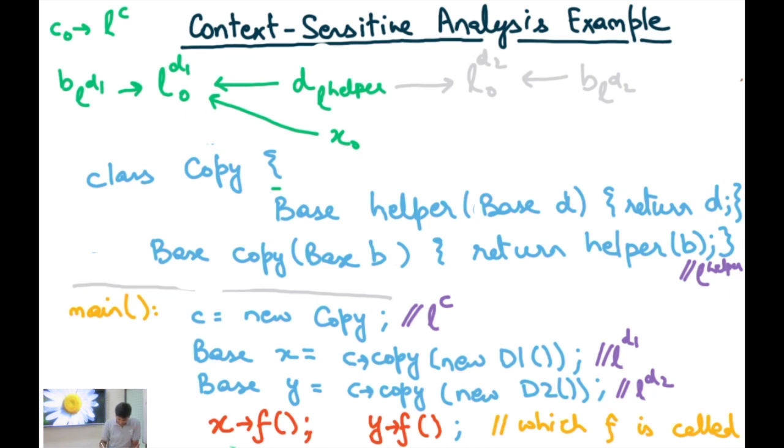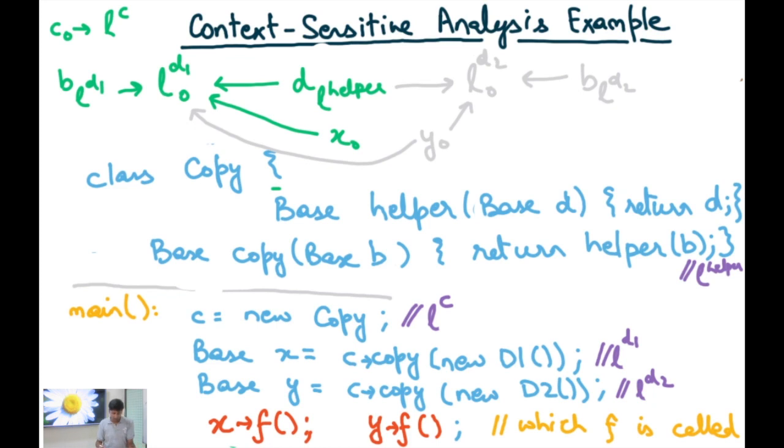Okay, let's continue. Similarly, helper is going to return D all the way to Y, and just like we did with X, whatever D L helper may point to, Y0 may start pointing to. D L helper may point to both L0 D1 and L0 D2. So Y0 may conservatively also point to either of these.